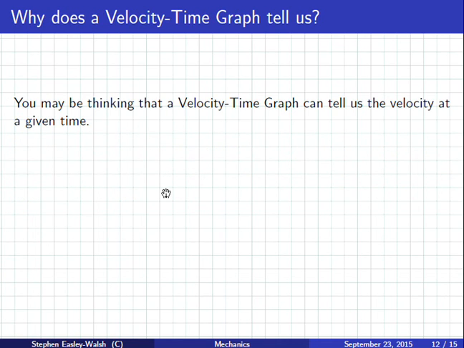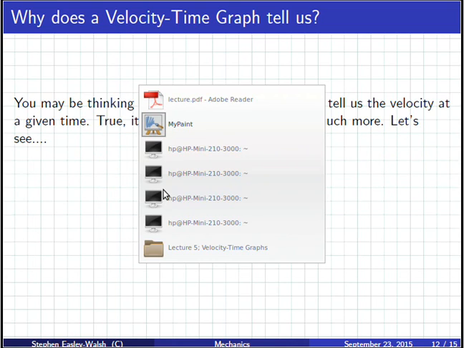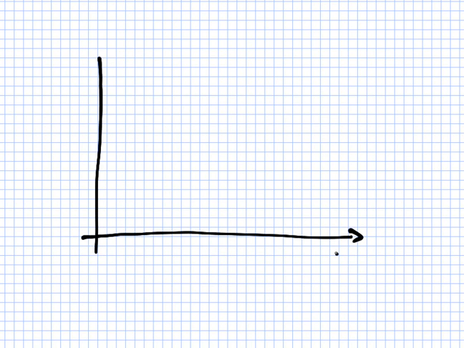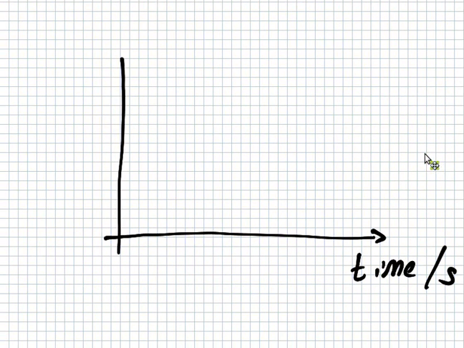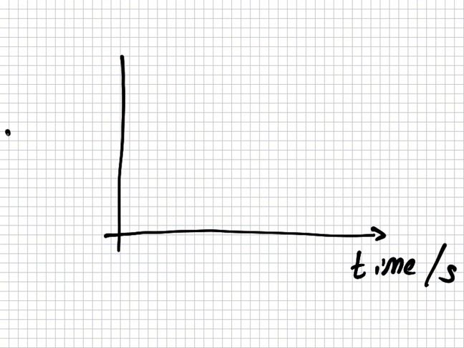Anyway, you may be thinking that the velocity time graph is only good for giving you velocity and time. This is true, however, it can tell us much, much more. So let's have a look. Okay, so this is time, and we used seconds. And then this is velocity, and we use meters per second.